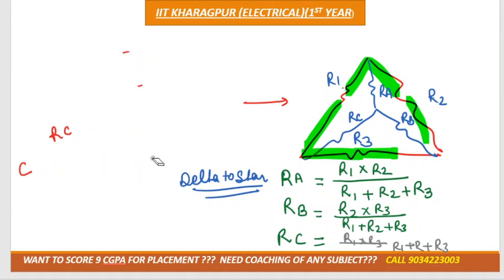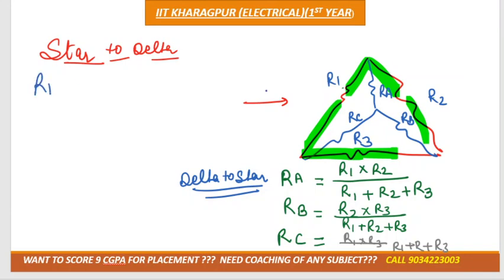Now next I'm telling you star to delta. For star to delta we need RA, RB, RC or R1, R2, R3? As you can see, R1 is connected to RA and RC. That would be RA RC divided by RA plus RB plus RC.